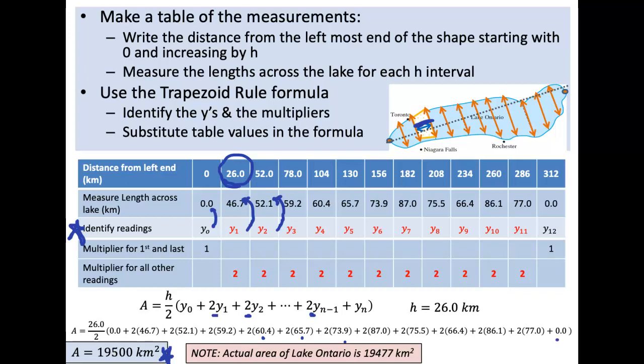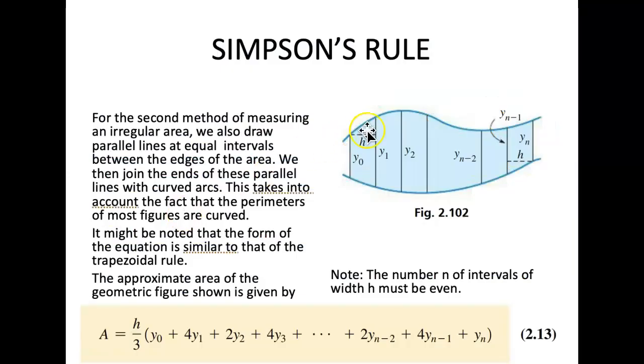Now, the second way that we could be doing a problem like this is using what's called Simpson's rule. For Simpson's rule, it is similar. We still have these equally spaced out. This value of h is the same going across here for each one of these.